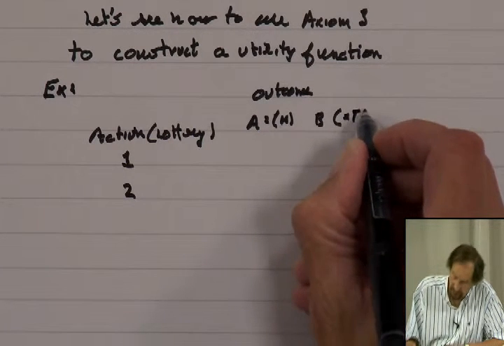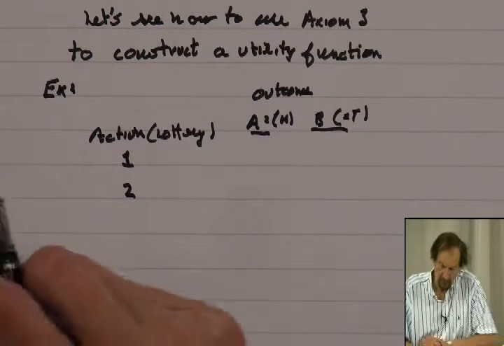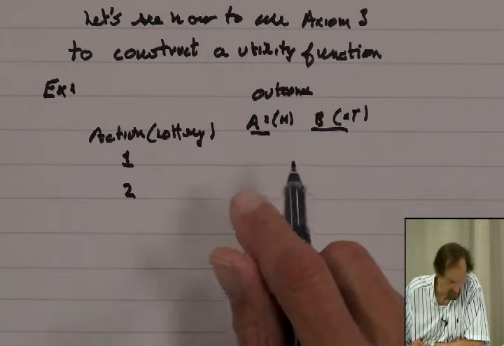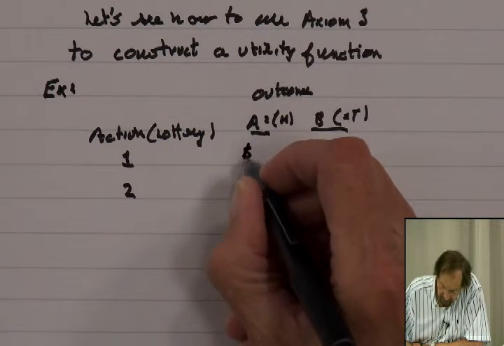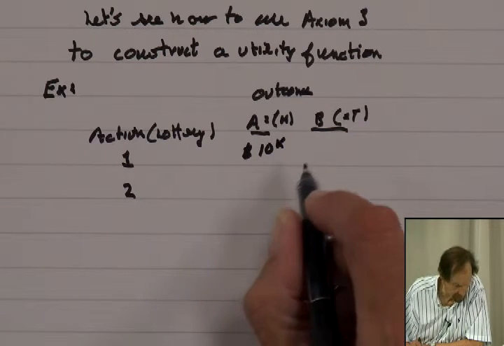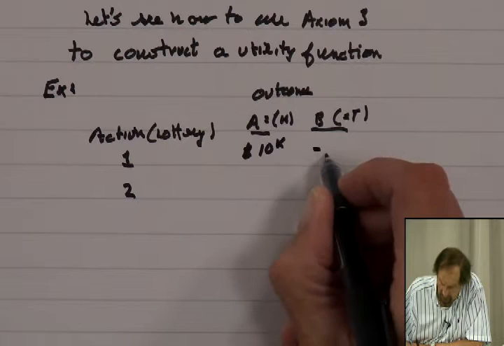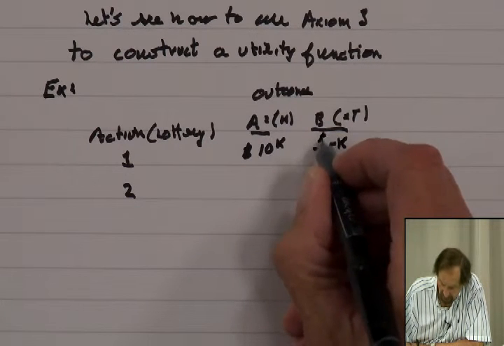Okay, so you had 2 equally likely outcomes here. Under the first lottery, we win $10,000 if we get a head, but we lose $5,000 if we get a tail.